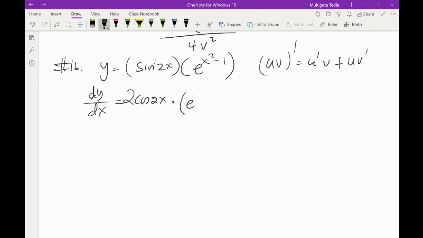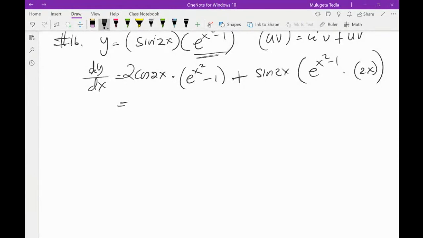And then times v, which is e to the x squared minus 1, times, not the derivative, but just times the function v, and then plus u, sine of 2x, times the derivative of v, which is itself, times the derivative of the exponent, which is 2x.